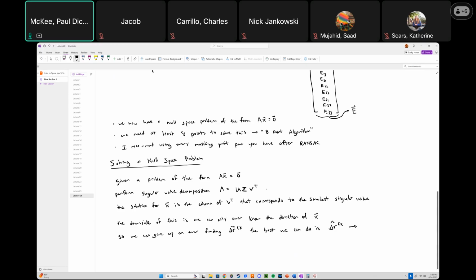So this is a unit vector, and it is the direction of motion. And that's about it.